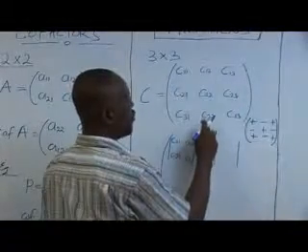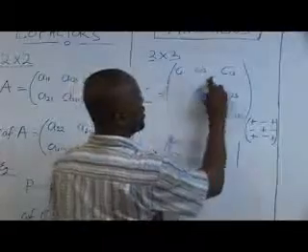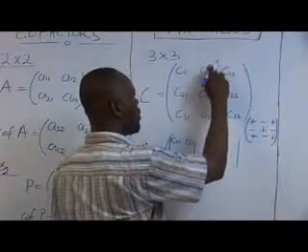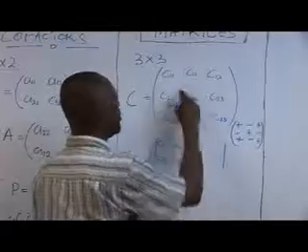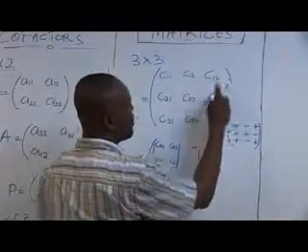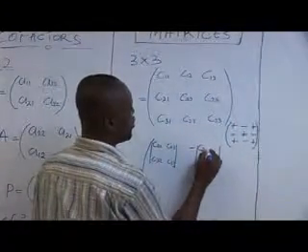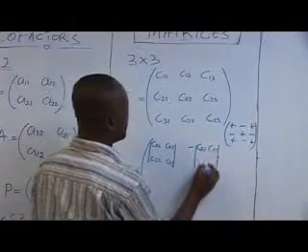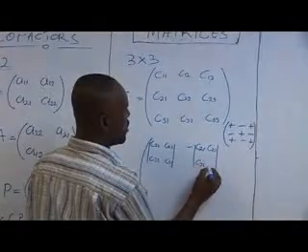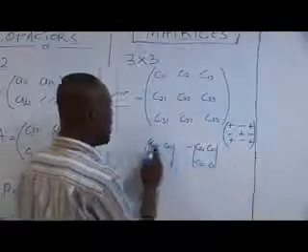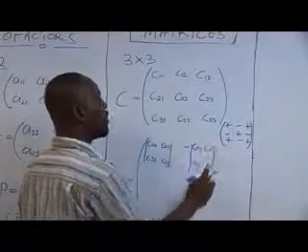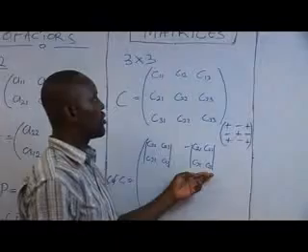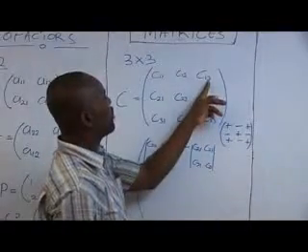We rule out column 2 and what? Row 1. Why? We are ruling out the column that contains C12 and the row that contains C12. And we are left with C21, C23, C31, and C33. Take note that this is the determinant of this 2 by 2 matrix that we have just brought out.